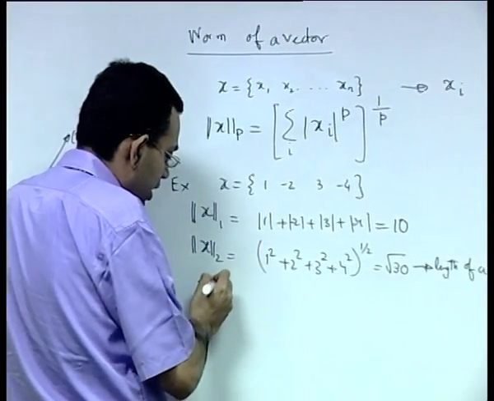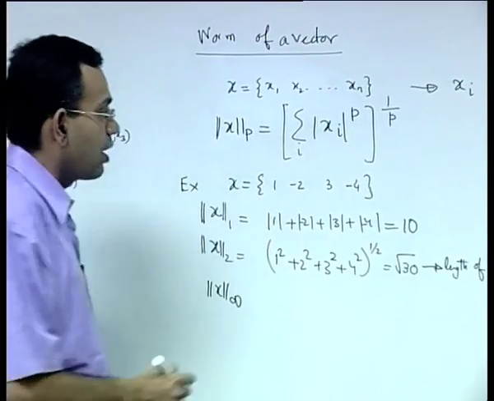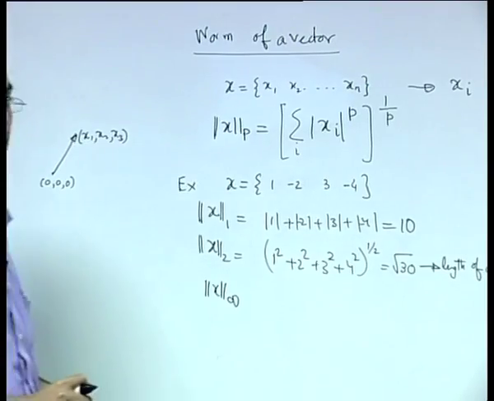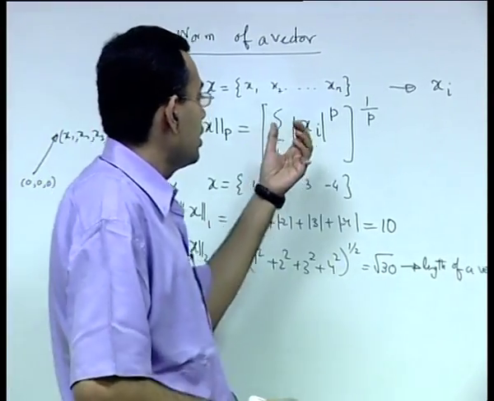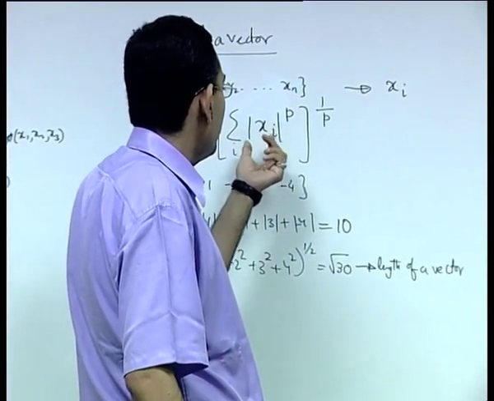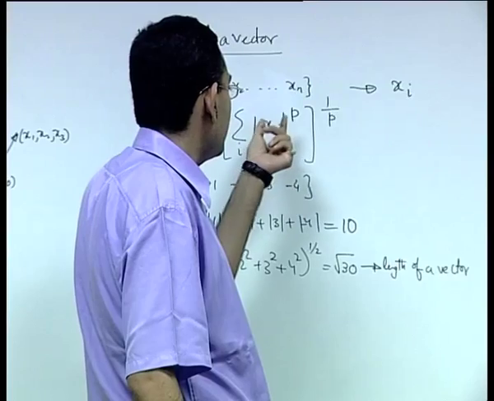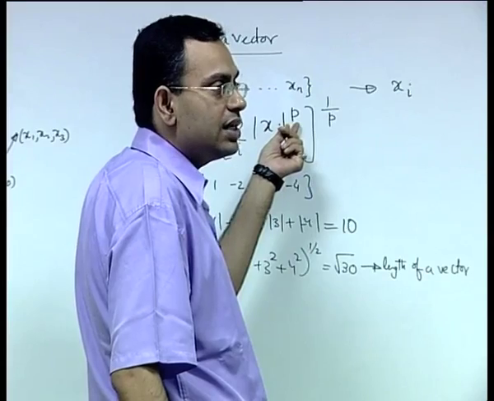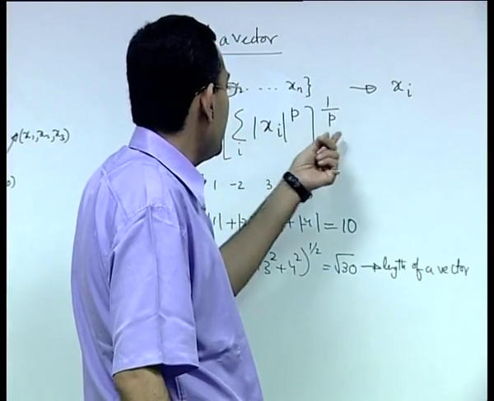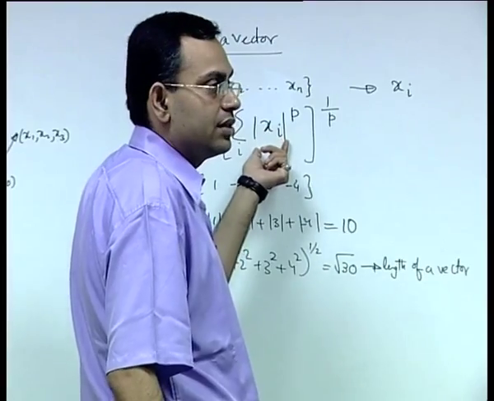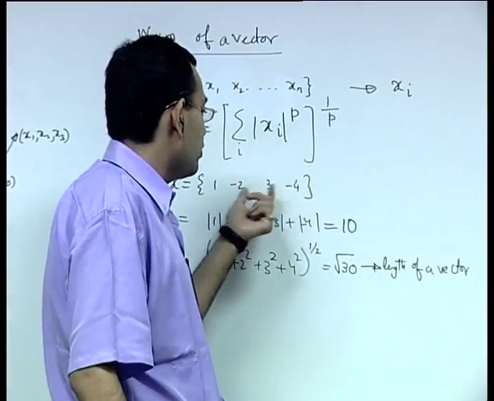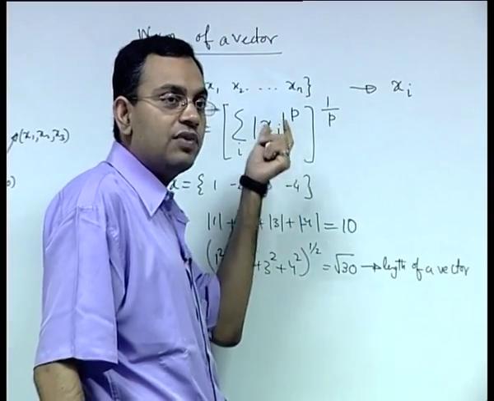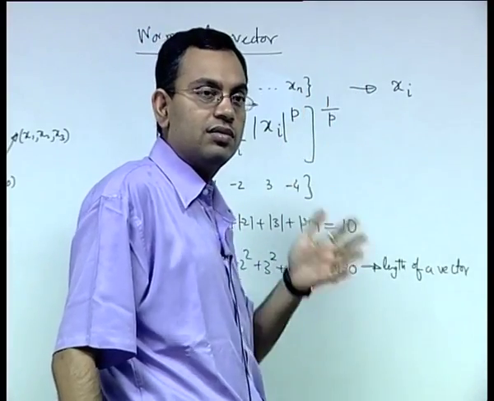Let us look into the infinity norm. Now, for infinity norm there is a special definition. What is the definition? Here when you have each element of the vector, you raise it to the power of infinity. So, you have many terms, which term will dominate? Whatever is the largest in magnitude, infinity power of that will dominate over all other terms.